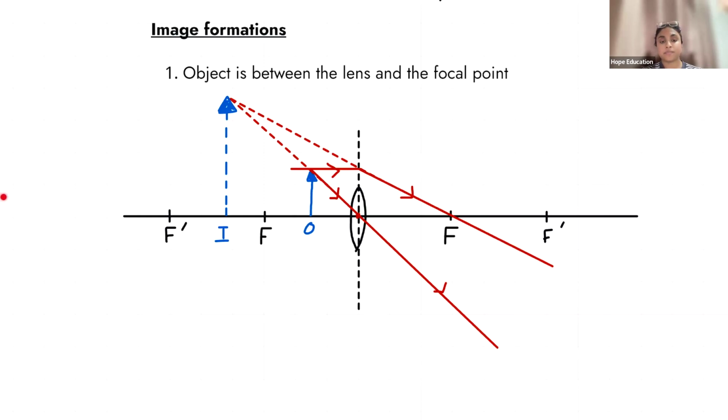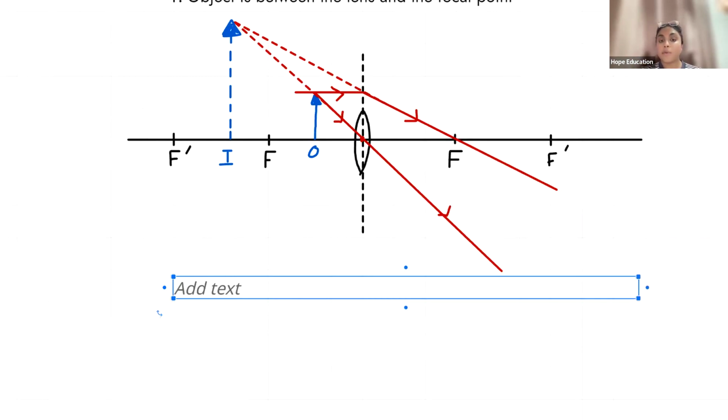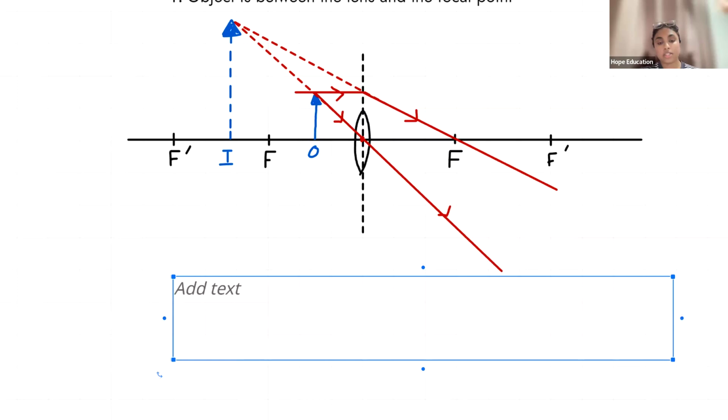අපි ලියමු. Location of the image. Now object එක තියෙන side එකේම තමයි image එකක් තියෙන්නේ. So we say on the same side of the lens as the object. Then properties of the image. Okay, I told you if the image is on the same side as the object, we call it a virtual image.